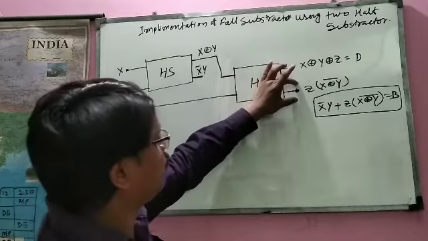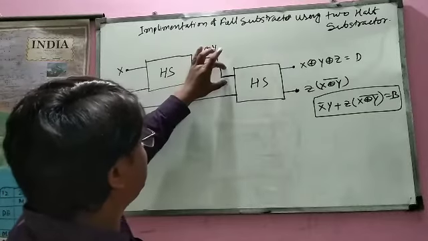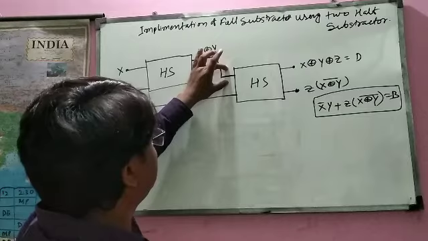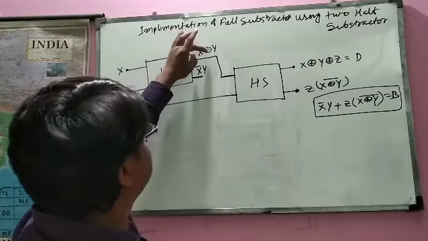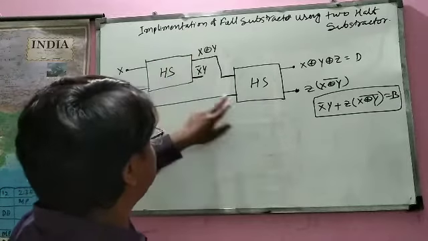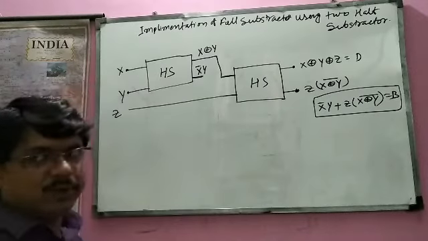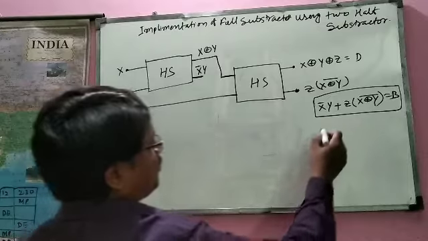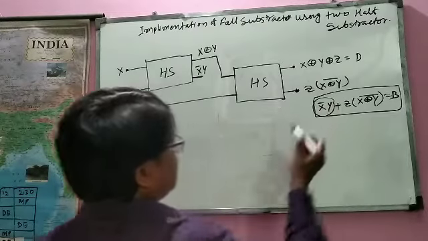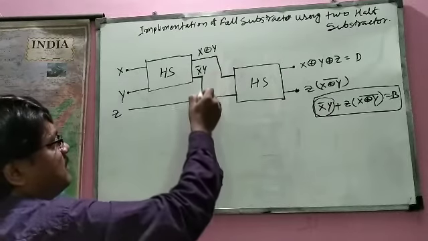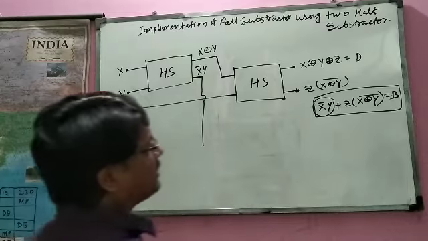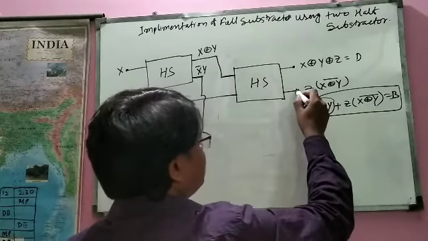So it will be also like that, the complement of this input. So x XOR y complement into z. So this is very good. And see the beauty, okay. So the first term is coming from the first subtractor, and the second term is coming from this.